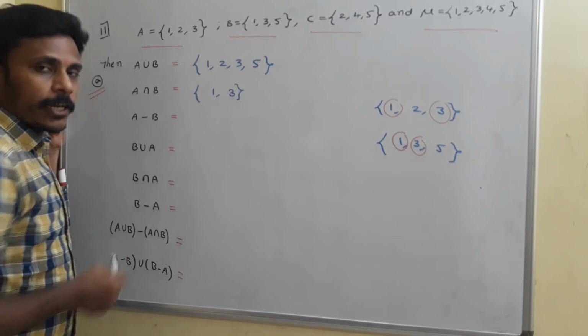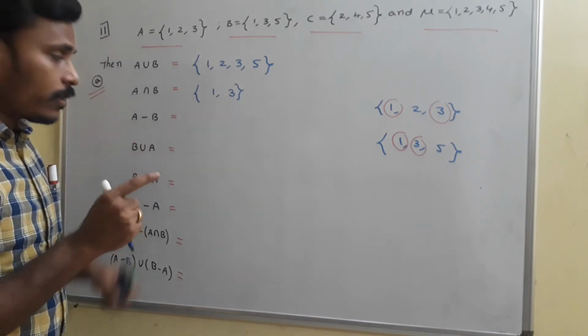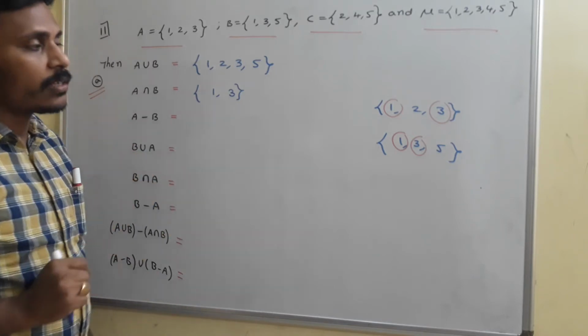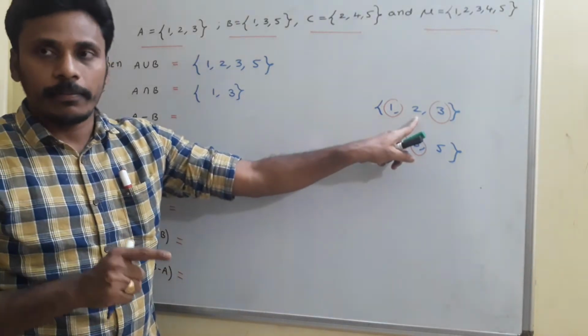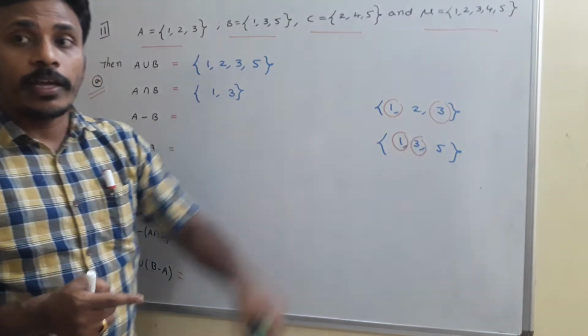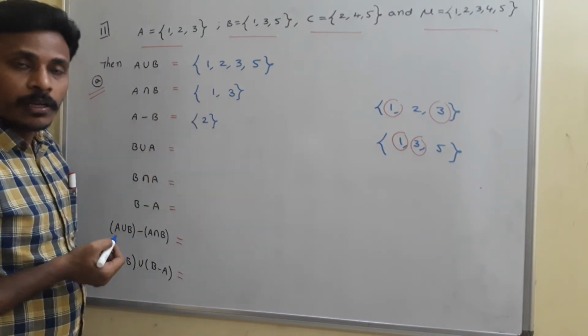Then coming to A minus B. A minus B means elements that should be in A but not in B. Here in this case, look there, 2 is there in A but not in B, and that's why you need to choose 2 as A minus B. Is it clear?